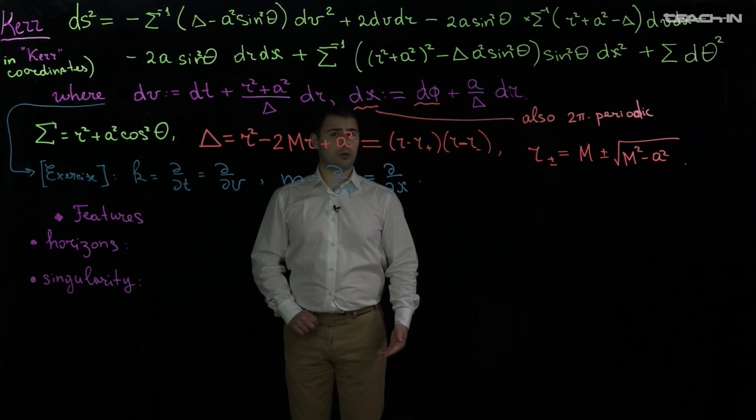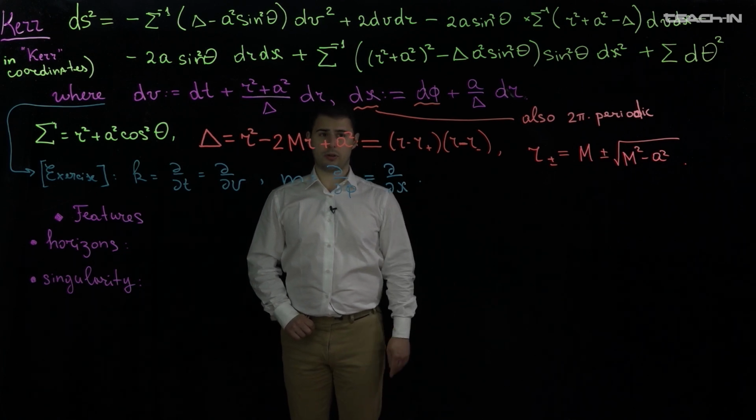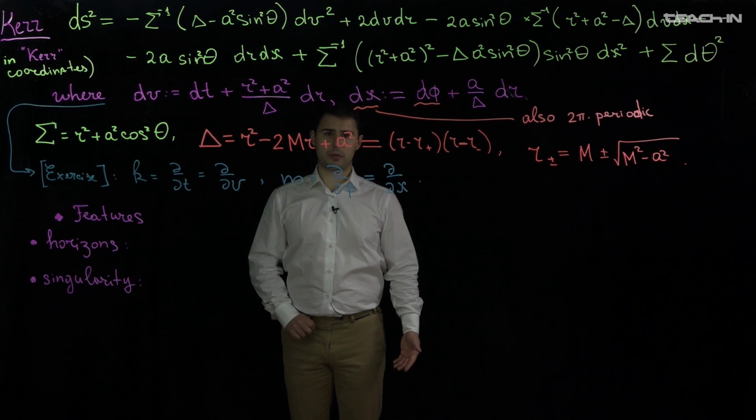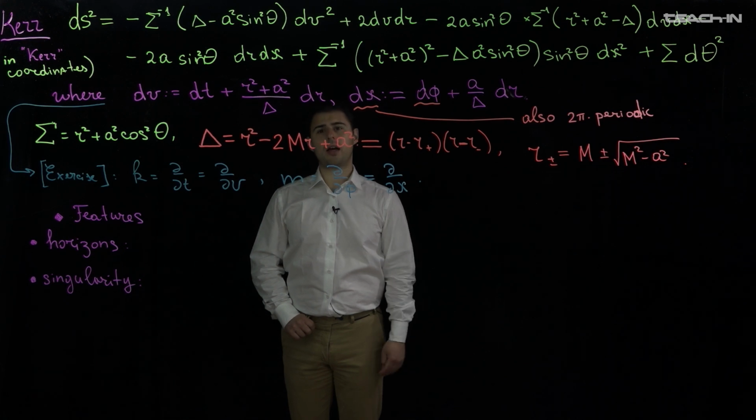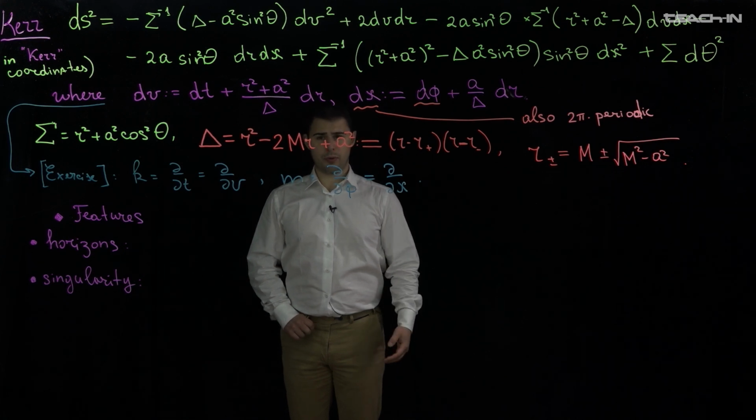So, notice that the new angular coordinate chi is also 2 pi periodic, because it is dependent on phi, which is 2 pi periodic as well. So, for convenience, let us decompose delta into positive and negative root.